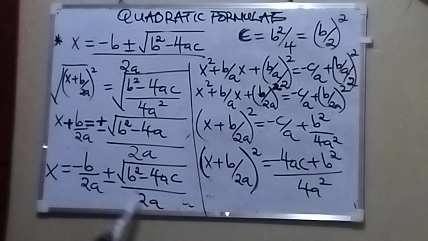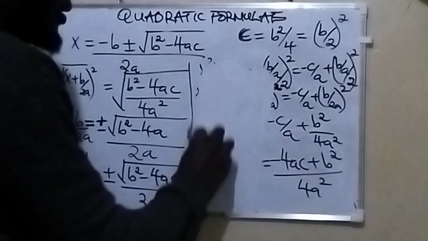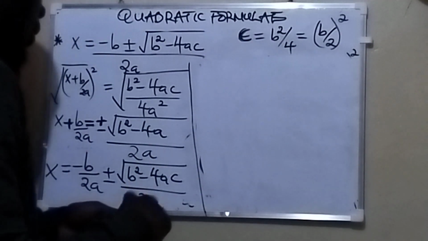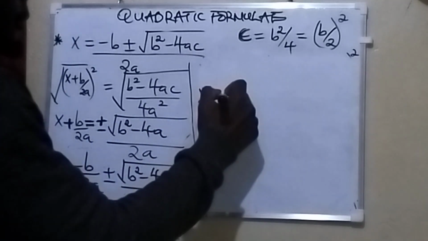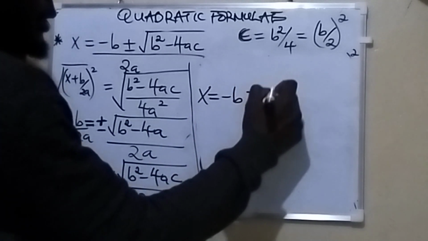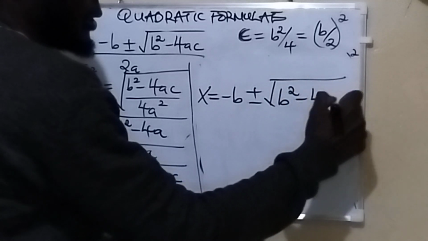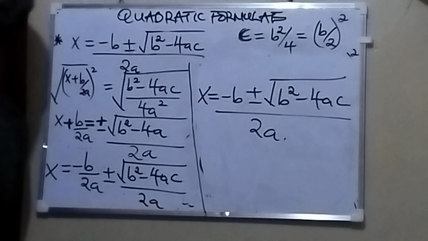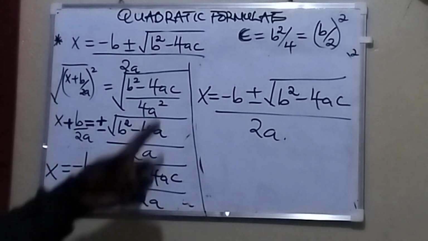So you have 2a as the common denominator. Now we get our final quadratic formula: x is equal to negative b plus or minus the square root of b squared minus 4ac, everything divided by 2a. So up to there, you have derived the quadratic formula.